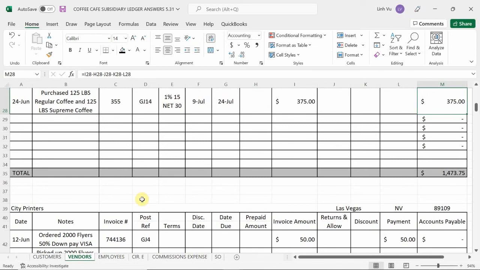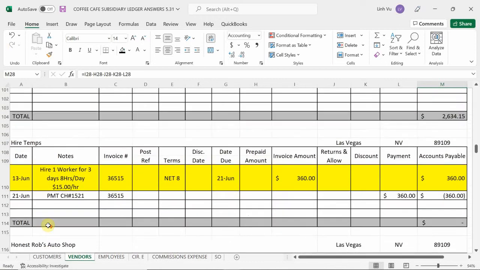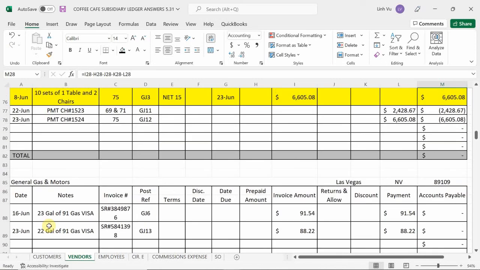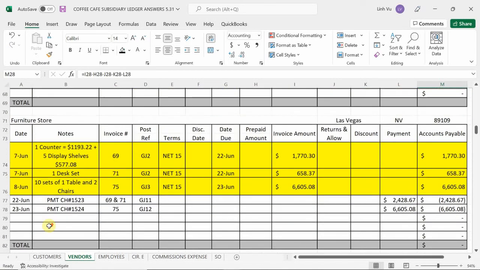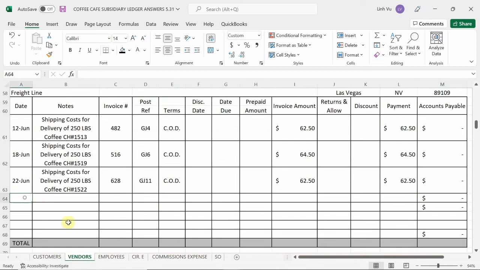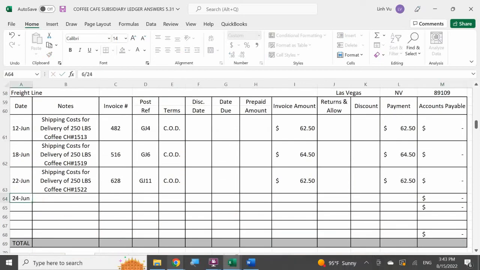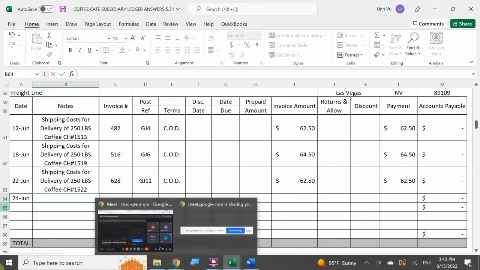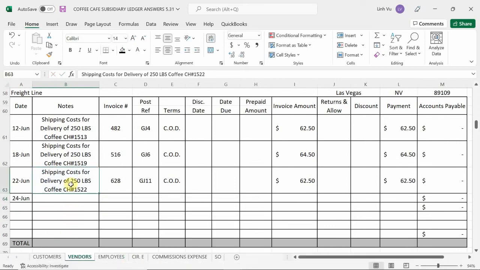And then we go to Breitling and vendors. There we are. Shipping cost for delivery of 250 pounds, check number 1525.